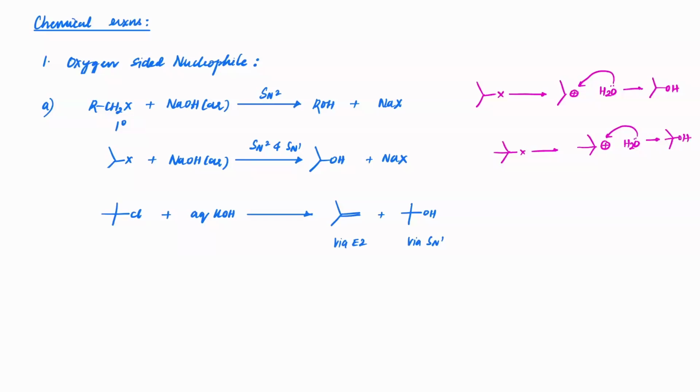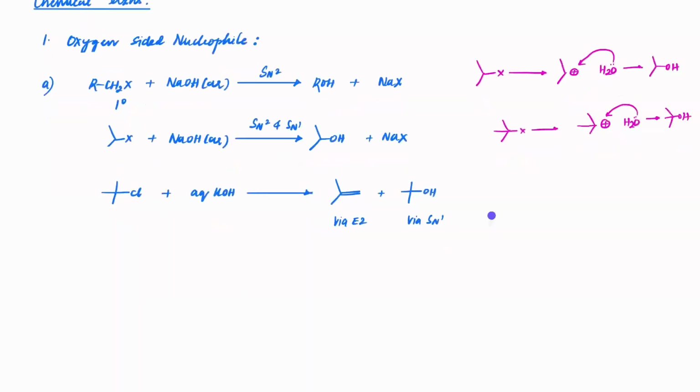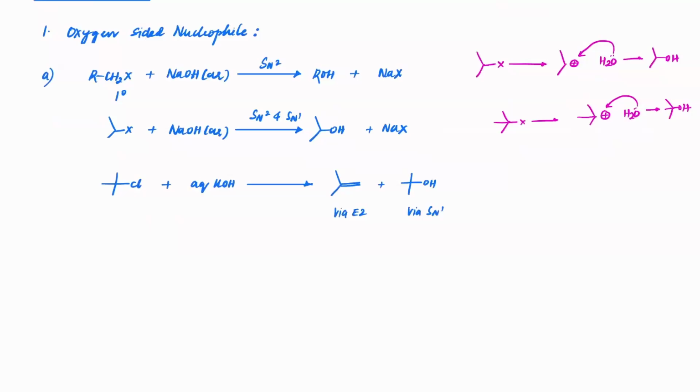This is via SN1. But because you have a 3 degree chloride, SN2 is not possible directly. So via E2 mechanism, it will give you an alkene. This is with NaOH. What is important to note here is that on heating, E2 is always greater than SN1.